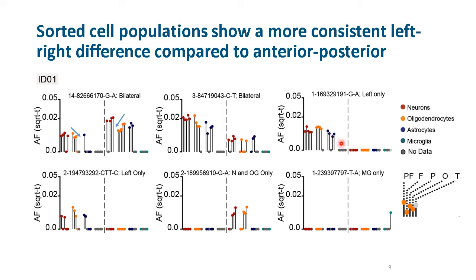Also, we found that the P1 labeled microglia seems to be a very distinct lineage compared with all cortical-derived cell lineages. Similar to rodents, the neurons and oligodendrocytes seem to have a very high correlation in terms of their allele fractions.